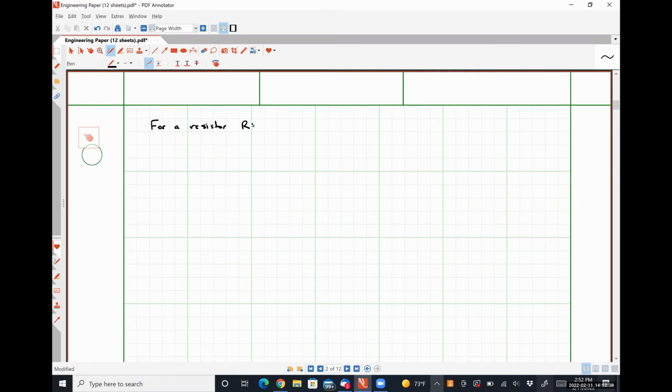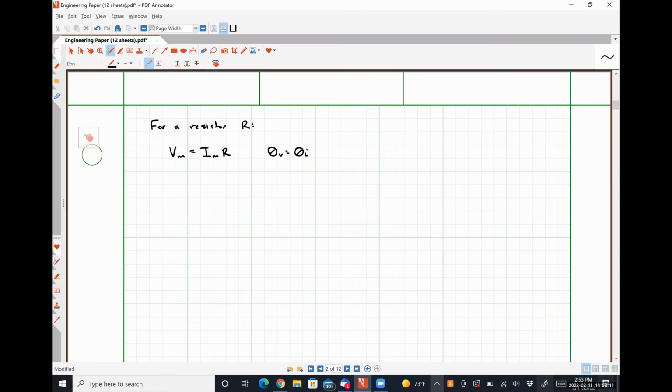So we found that for a resistor, the magnitude of the voltage drop across the resistor was simply Im times R, and we found that theta v was equal to theta I. These relationships, again, came from our introduction to phasor domain relationships.